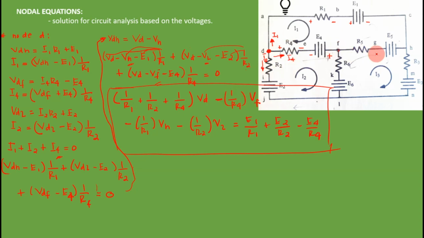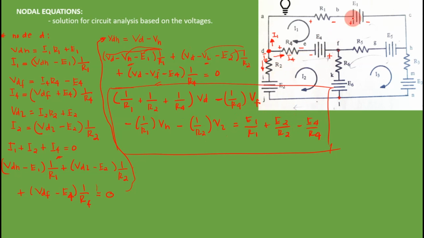And for the other node, for example H, in this branch, what is the attached resistor? R1. So you take 1/R1 multiplied by the node voltage here, and the sign is negative. For the other one, which is L, the attached resistor is R2. You take the inverse of that and multiply it with V_L, and the sign is negative, equals the voltages.